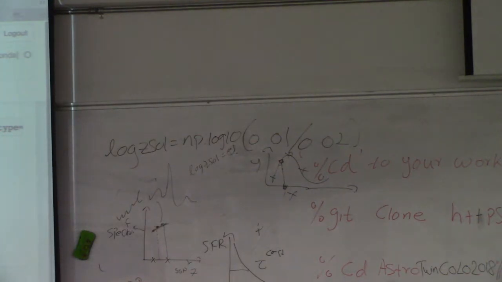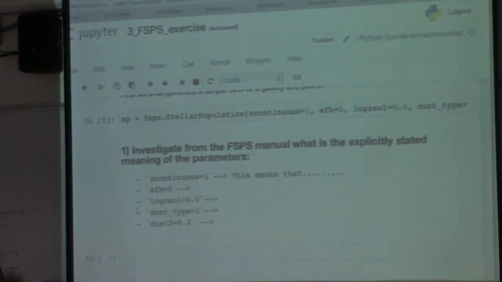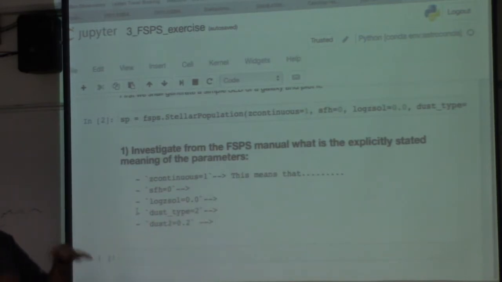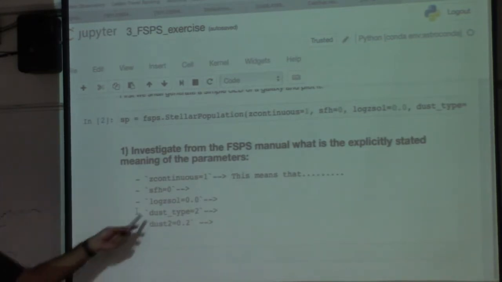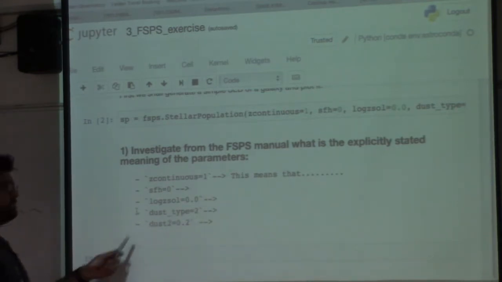So dust type means what dust attenuation you're using. Number 2 means the Calzetti dust law. This is for the star forming galaxies around our Milky Way, starburst galaxies, as you would say. So that is kind of appropriate to use for star forming galaxies, but there are also other dust laws that you can play around with. If you use dust type of 2, the manual says that you have to specify explicitly that dust1 is 0.